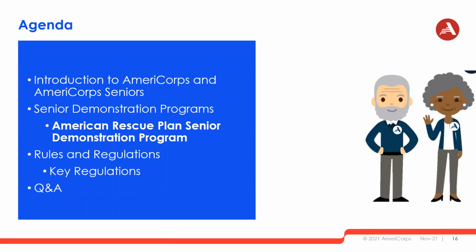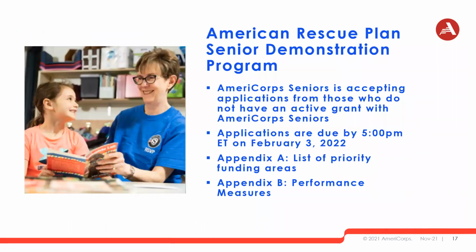One of the things that we're going to do this year is to really use the senior demonstration program to help us amplify funding that we received from the American Rescue Plan. As I told you, our senior demonstration programs really give us the flexibility to use our quote unquote senior power to respond to areas and pressing needs in communities.